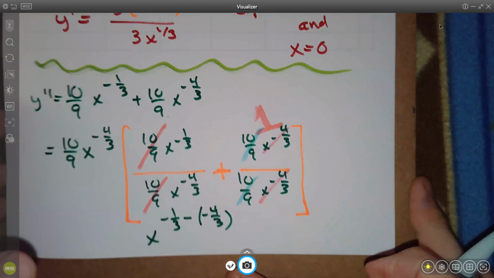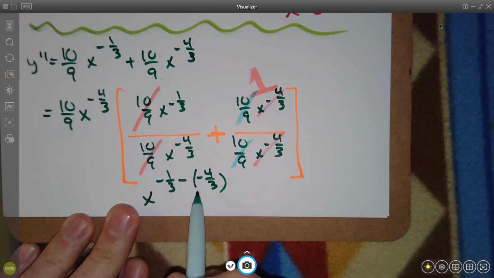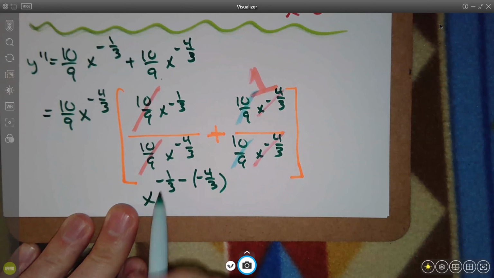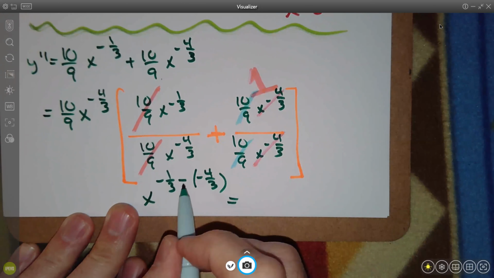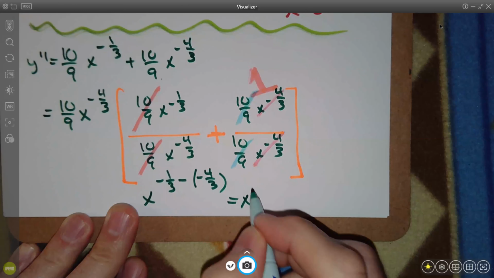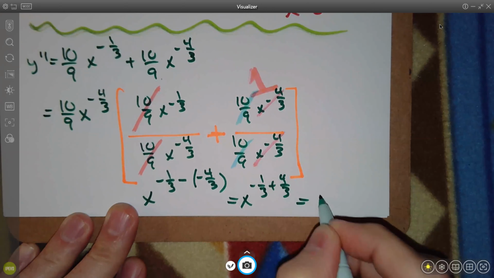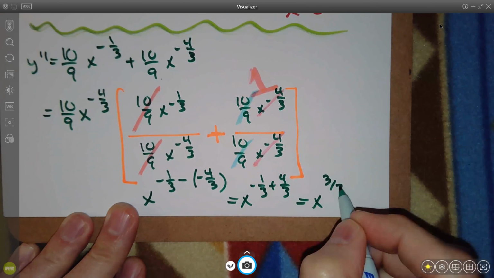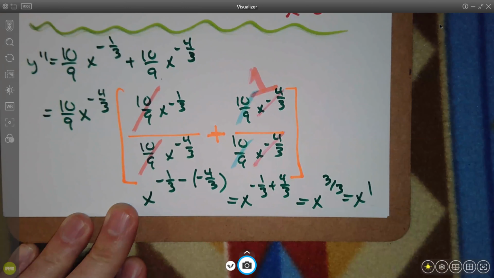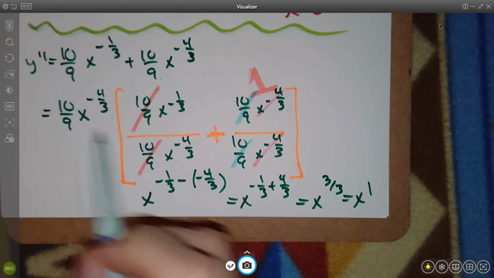The thing about these problems that's always going to work out for you is that you should end up with a nice integer exponent. In this case, a minus becomes a plus. What's -1/3 plus 4/3? 1. Excellent. So overall, what you should have is this times x plus 1.